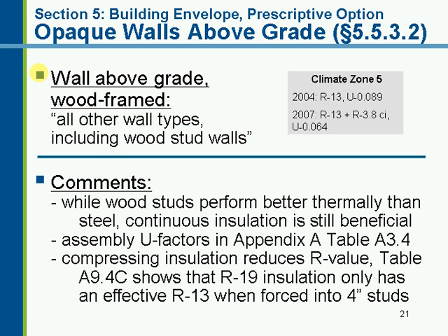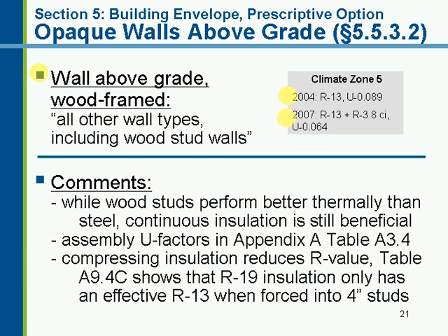Now the wood frame walls is typical wood stud walls, and again here the catch-all category for anything that's not in the first three types. Here the requirement is R13 cavity insulation for 2004. In 2007 this is going to R13 cavity insulation plus R3.8 continuous insulation. The wood studs are definitely better thermally than steel, but they still are not as good as the insulation.